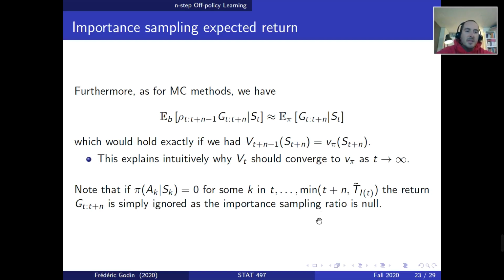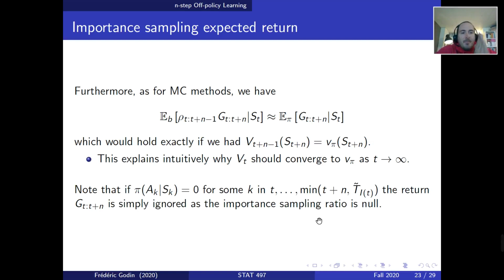Why is that the case? For Monte Carlo, you looked at all actions until the end of the episode. So as soon as there's one non-greedy action in the episode, the entire episode's importance sampling ratio becomes zero.